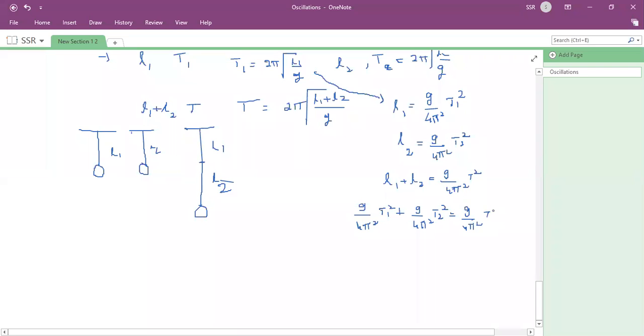Are you clear this? g by 4 pi square cancels. Then you can write T1 square plus T2 square is equal to T square. Do you understand the relation between T1, T2 and T?